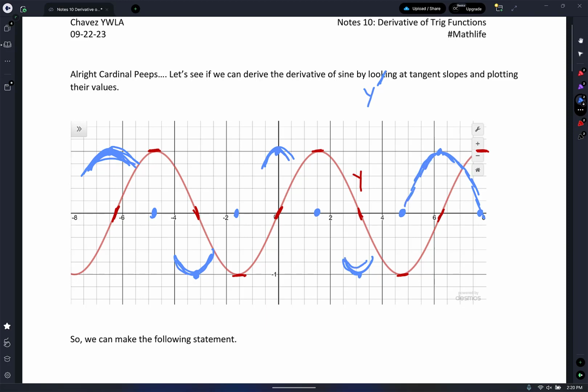Maybe. We'll see. I've drawn better graphs, but that's fine for now.